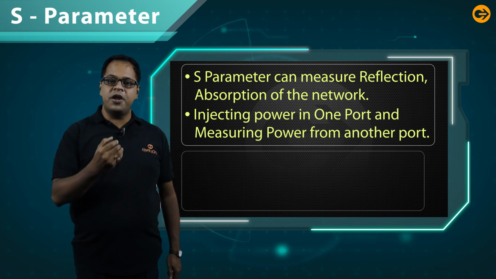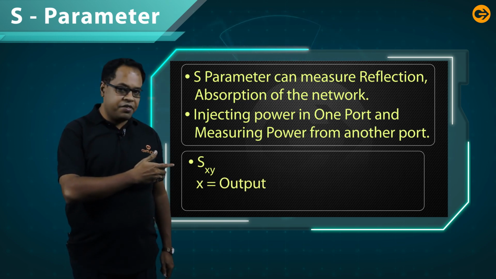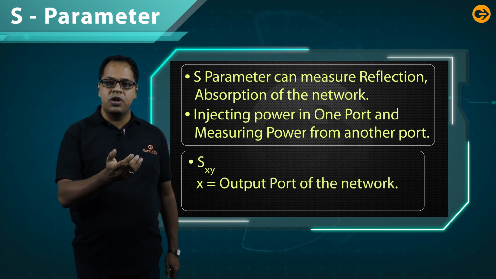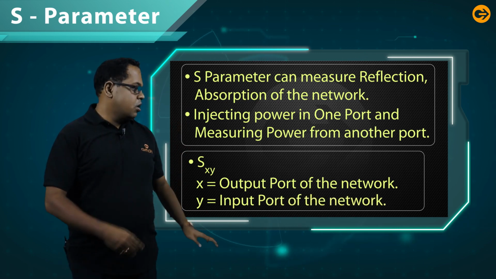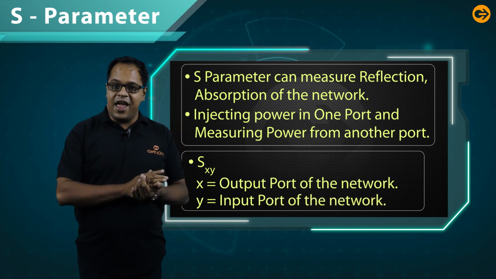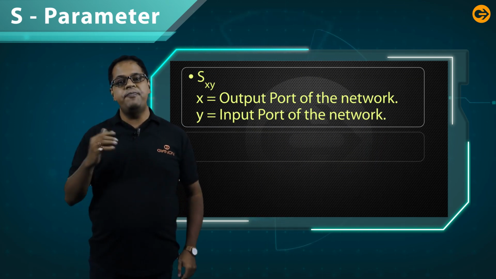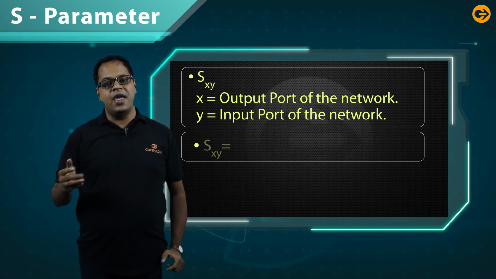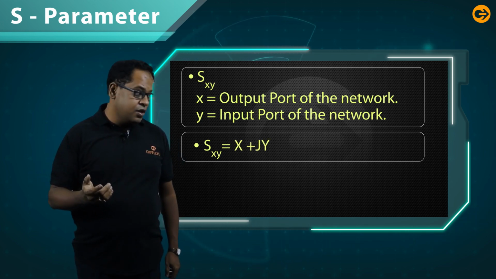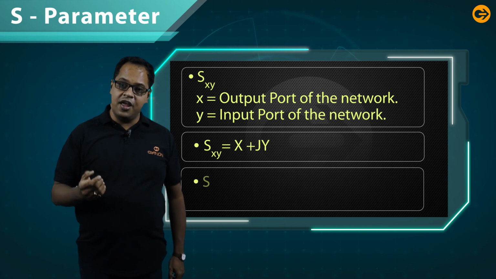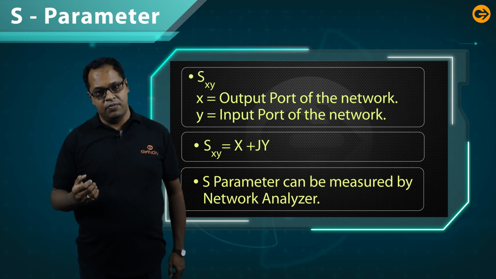Now, if the S parameter is S suffix xy, this x stands for the output port and y stands for the input port. Now, S parameter can be complex, so you can represent this S parameter in x plus jy format. And the last one is you can analyze the S parameter using the network analyzer in your laboratory.